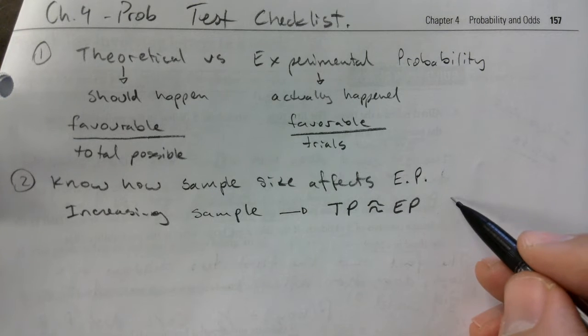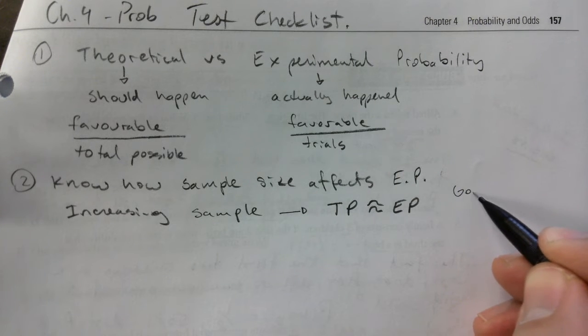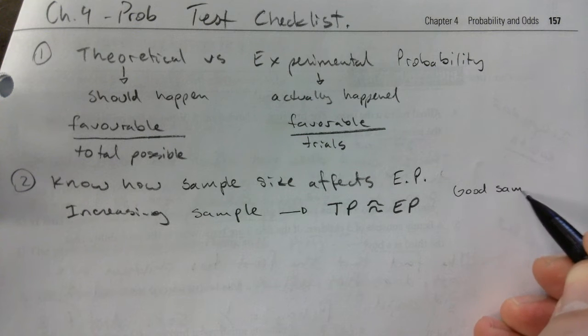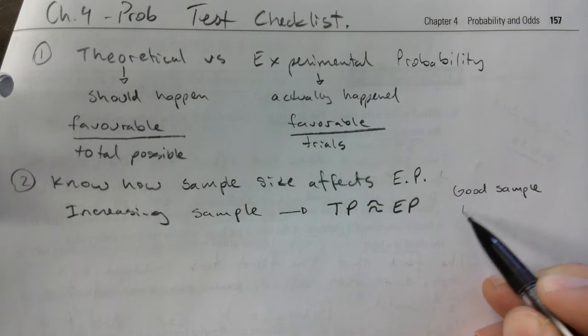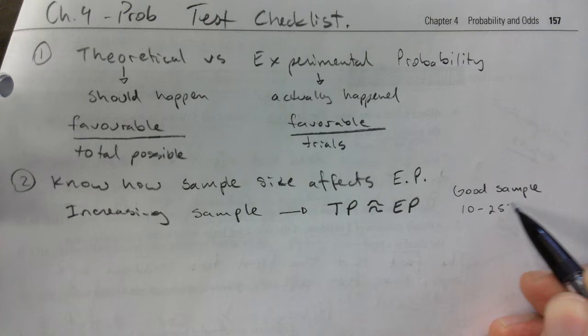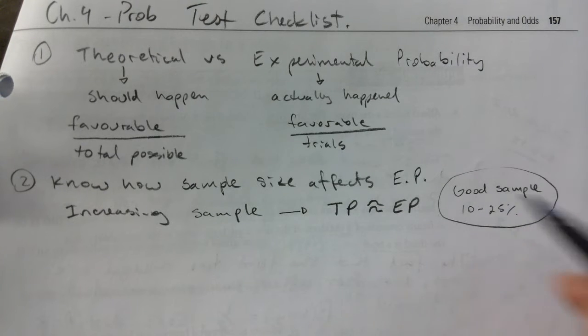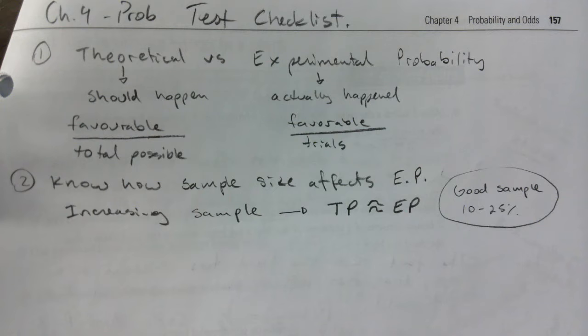And we talked about a good sample being 10 to 25%. So for Sisler, for example, let's say round numbers, staff and students 2,000. If you ask about 200 people minimum, you will probably get a pretty good idea if this is representative of the whole school.